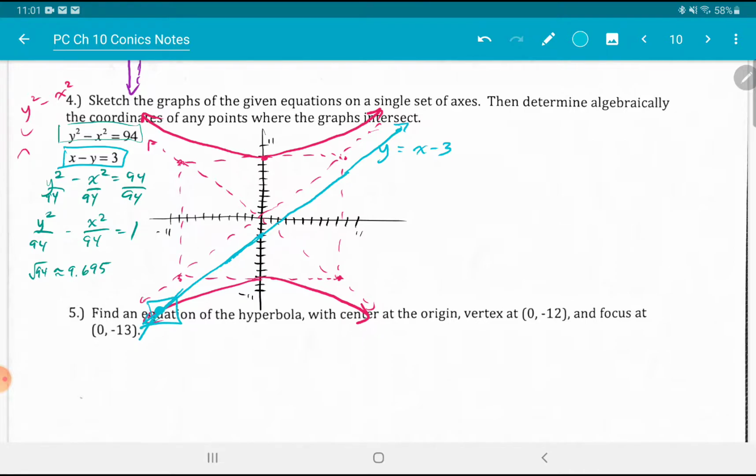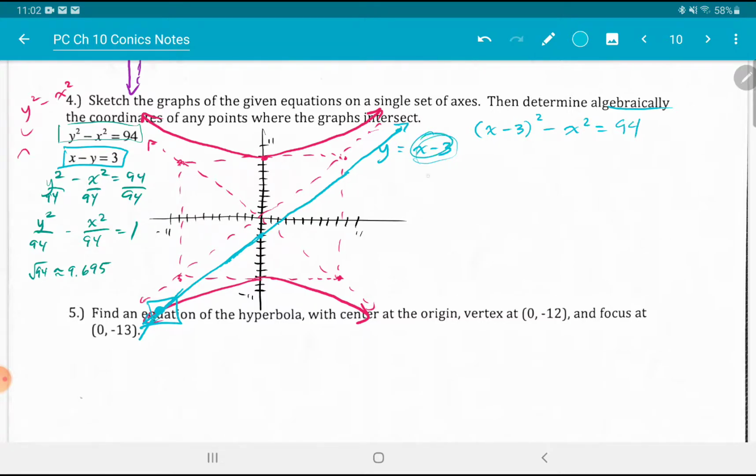All right, so let's solve algebraically. How are we going to do that? Let's do a system of equations where we use substitution again. Since y is equal to x minus 3, let's plug that into the y. x minus 3, quantity squared, minus x squared equals 94.